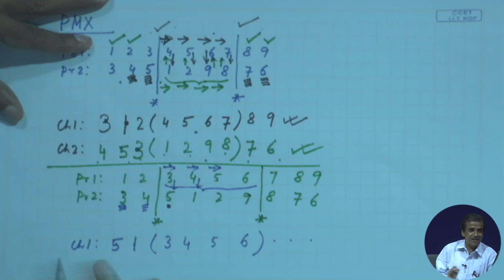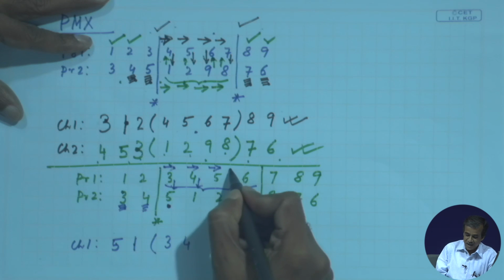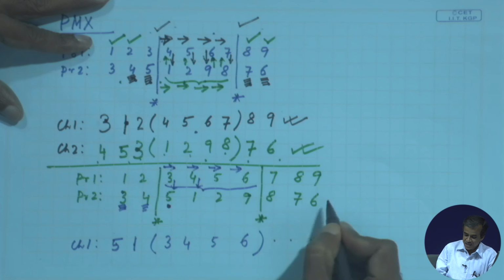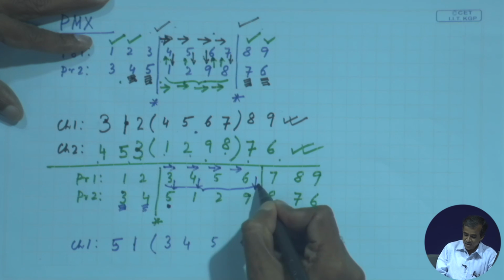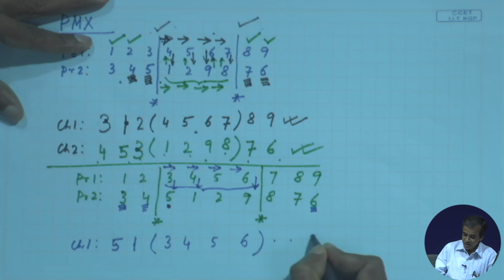So, you can't do anything, do not do anything. Next is 6, this is the location of 6 and 6 corresponds to 9. So, you put 9 here. Rest of the things you take from parent 2, that is 8, 7.